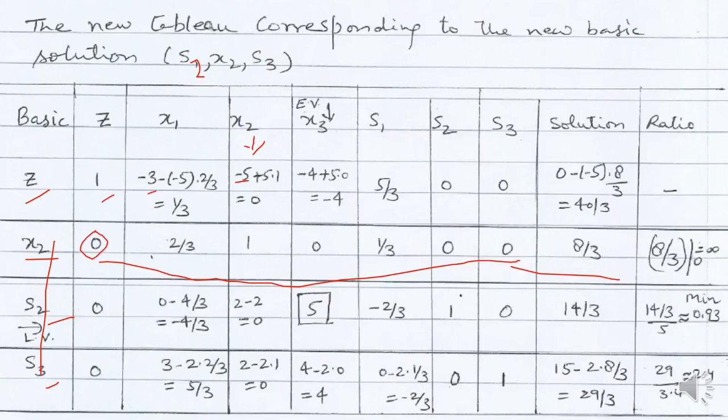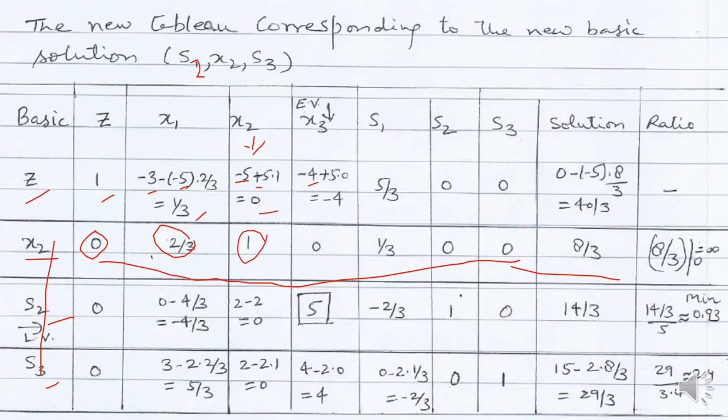Then -3 was the element in the X1 column, -5 is the element in the pivot column, into 2 by 3 gives us 1 by 3. Then here -5 was the element in the pivot column, minus -5 becomes plus, into 1, which gives us 0.